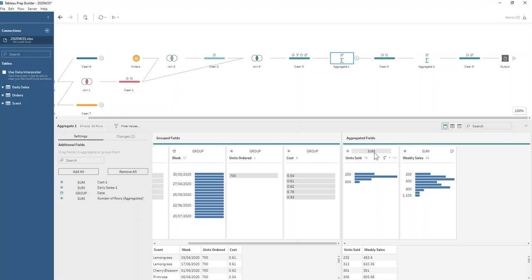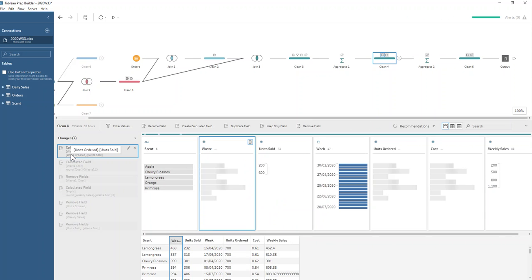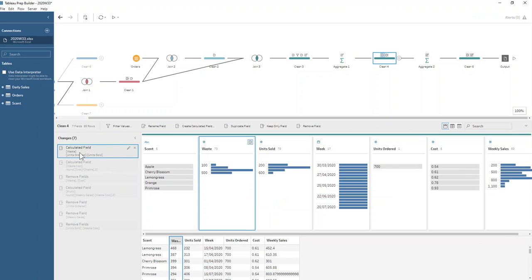We're summing up those units sold as well, because that's going to help us work out the waste. We'll start off with the waste, which is the units ordered minus the units sold, because anything unsold is wasted in this strange inventory problem.